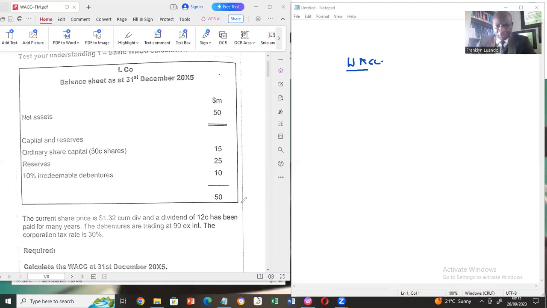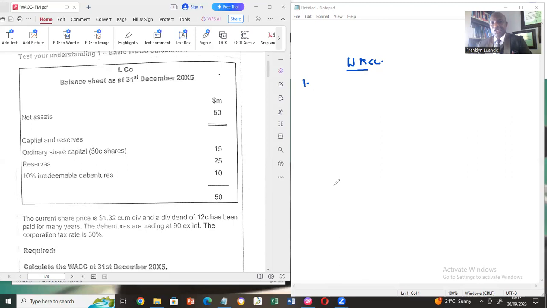So we have one there, the definition. WACC is the weighted average cost of capital, which is the average return on the business venture or investment which the investors are expecting.